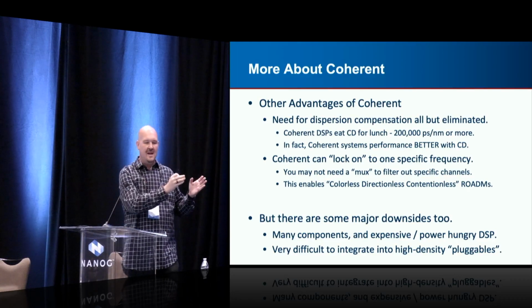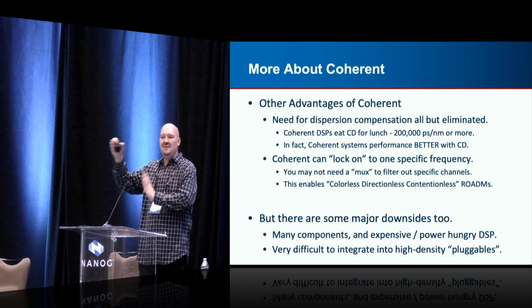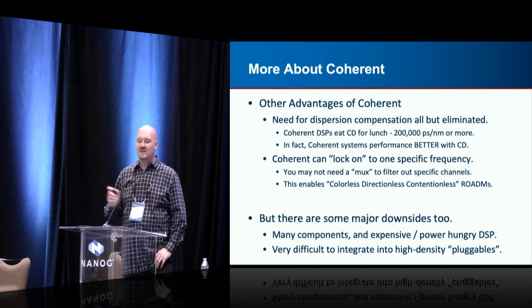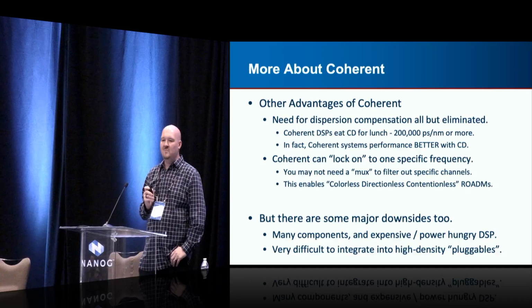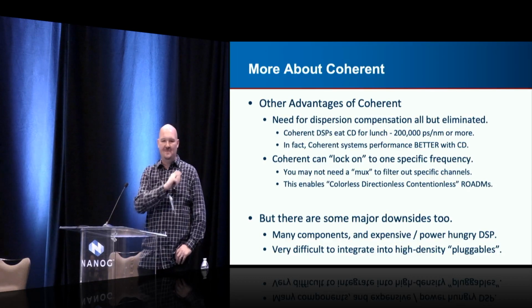And as those pluggables change, the DSP technology changes too, and it parallels each other quite well. So it's very, very difficult to get coherent shoved all the way down into a pluggable. And by the time we do, we'll probably have decided we don't like that pluggable format anymore and we'll have wanted to switch.